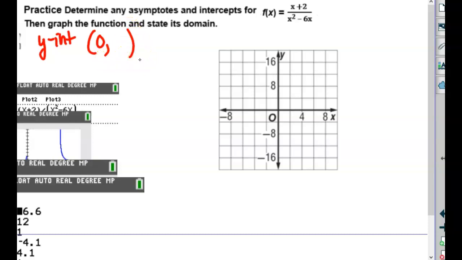The reason that's easy is because if you do it before you factor anything, it's way easier. So I would have 0 plus 2 over 0 squared minus 6 times 0. I think that's 2 over 0, isn't it? Is that allowed? No, so this one doesn't have one, because you can't divide by 0. Everybody okay? Can't divide by 0.